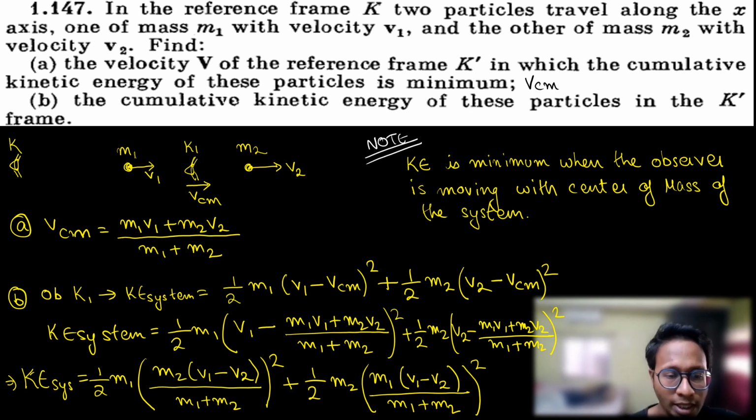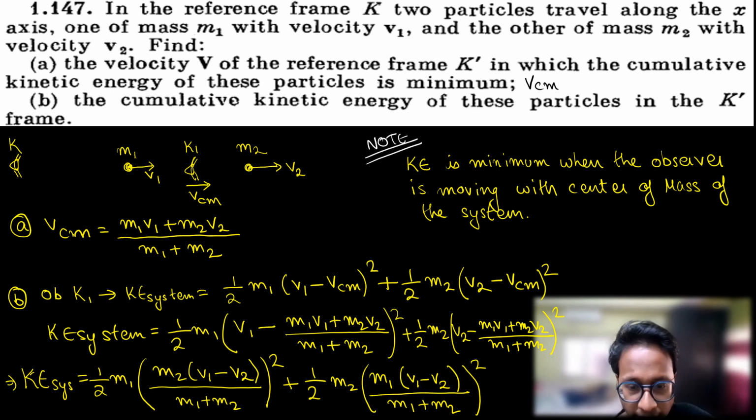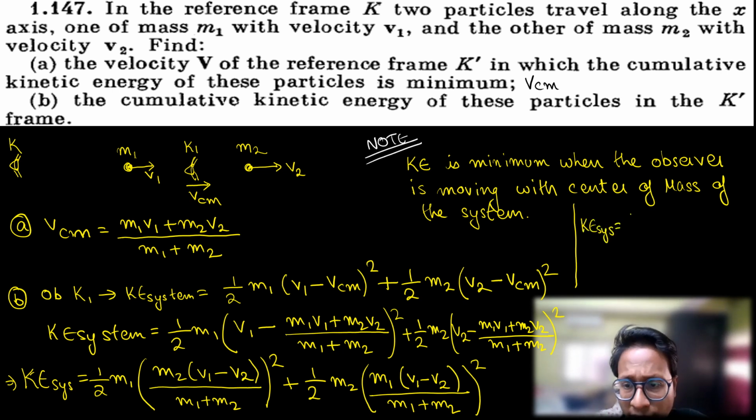Now what are the things that I can take common out here? I can take half common, and I can take m1 plus m2 outside the bracket. Out here this would get multiplied by m1 m2. So if I take common things out, the kinetic energy of the system would be half.